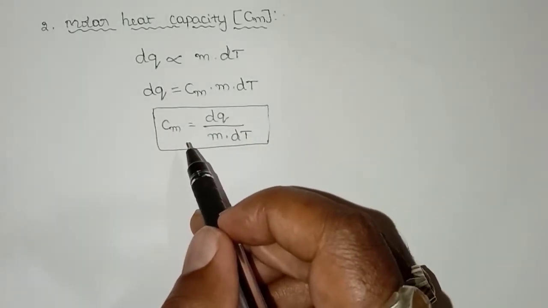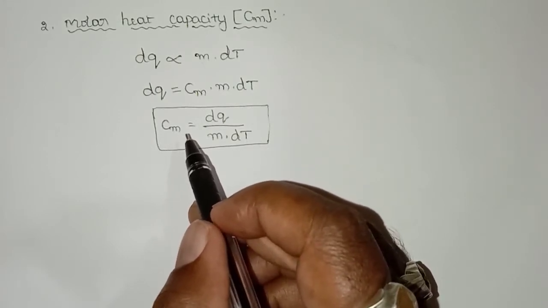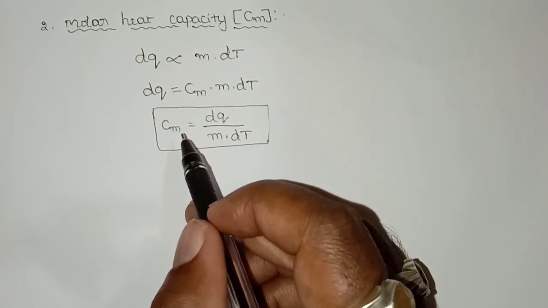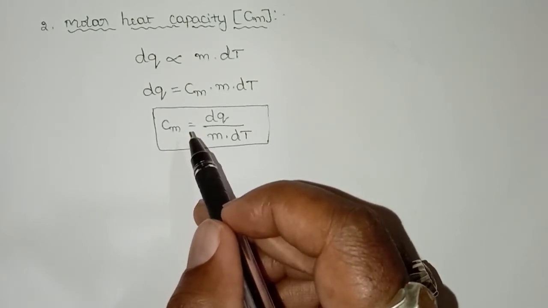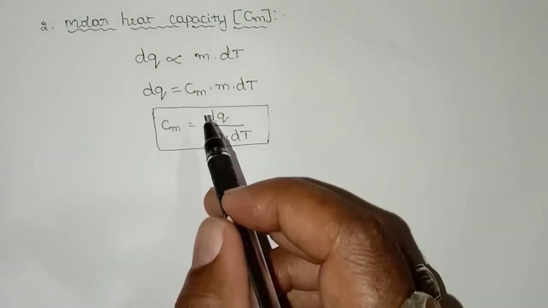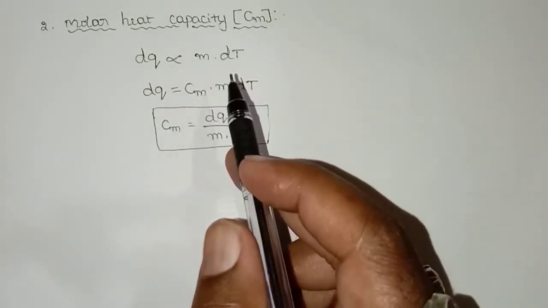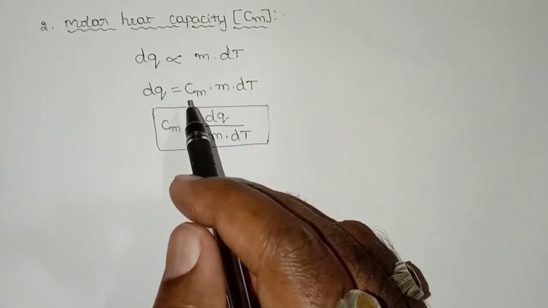And we can define the term molar heat capacity in a very simplified fashion. It is the amount of heat, or quantity of heat, required to raise the temperature of 1 mole of a substance by either 1 degree Celsius or by 1 Kelvin. That is called molar heat capacity.